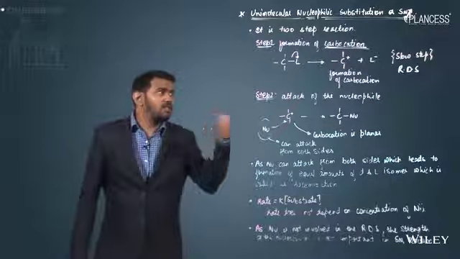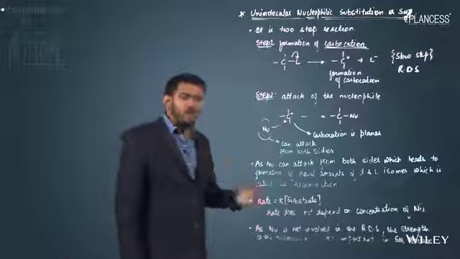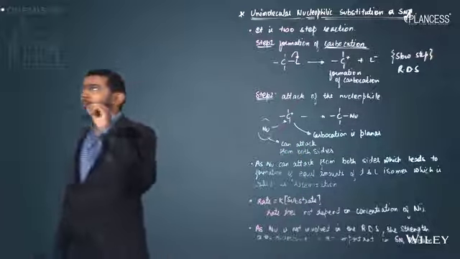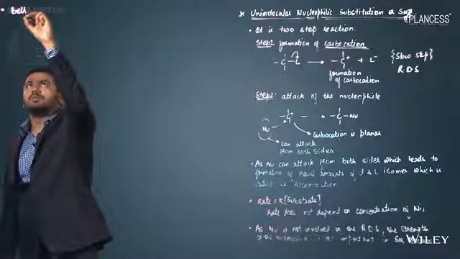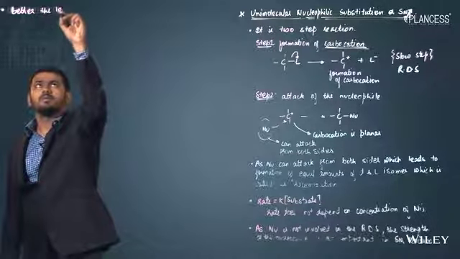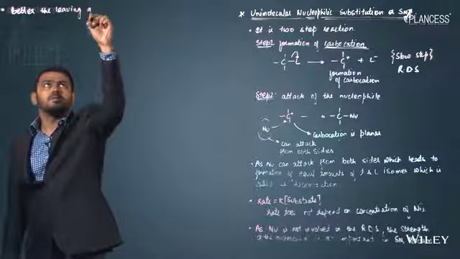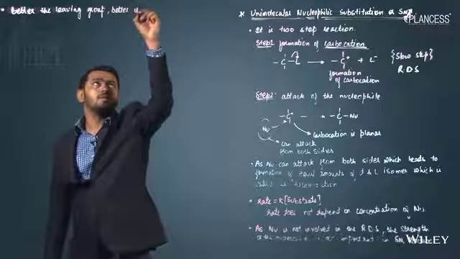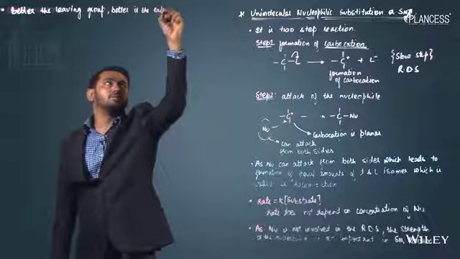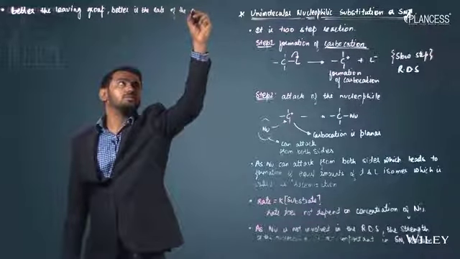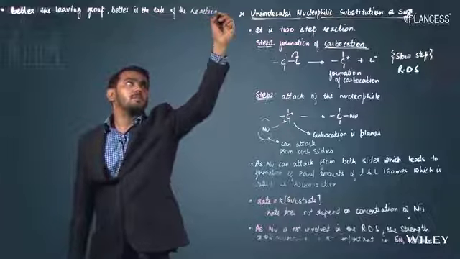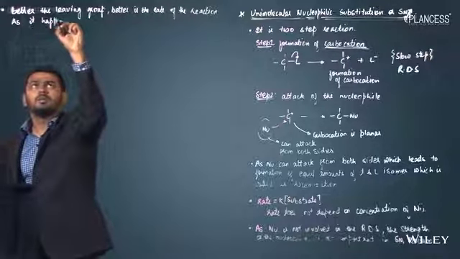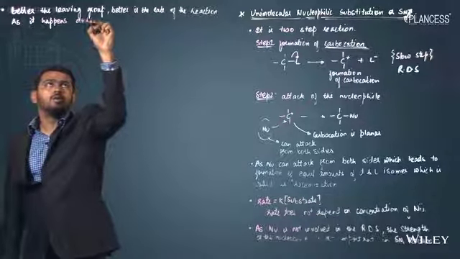So for this reaction to proceed faster, the better the leaving group, the better is the rate of the reaction, as it happens during the rate determining step.